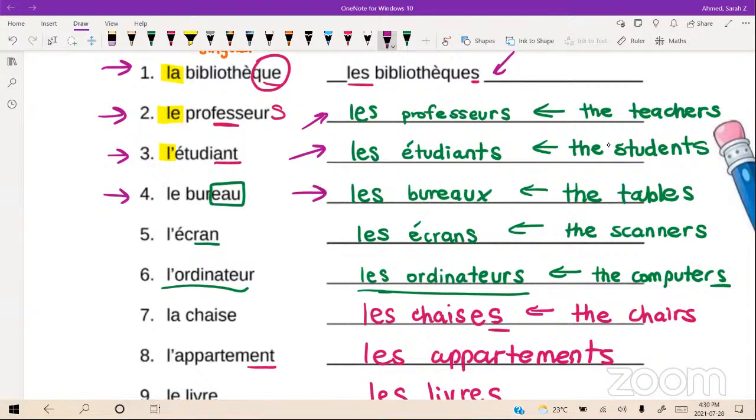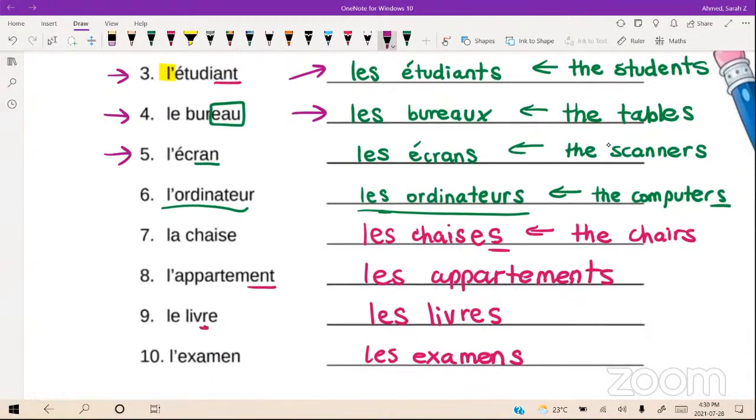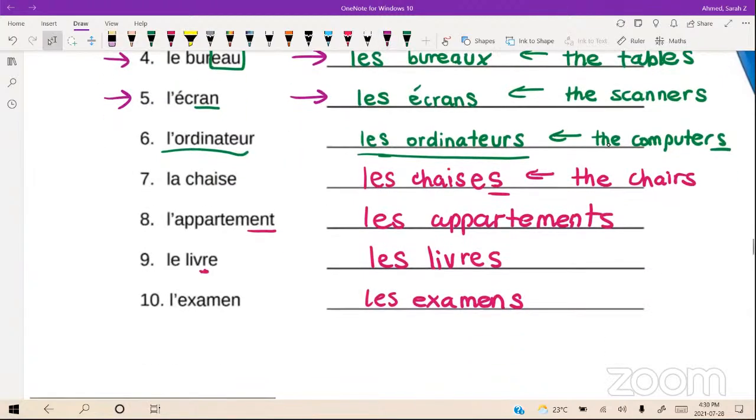Very good. L'écran, les écrans. L'ordinateur, les ordinateurs. La chaise, les chaises.